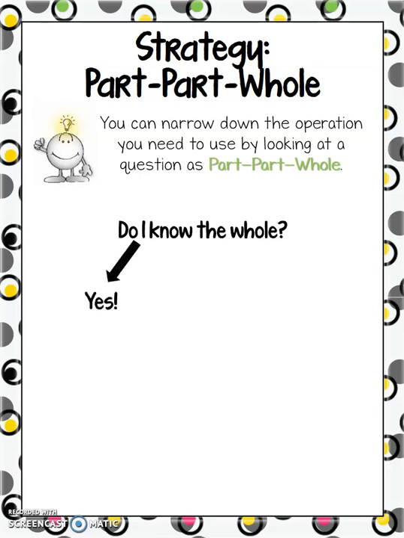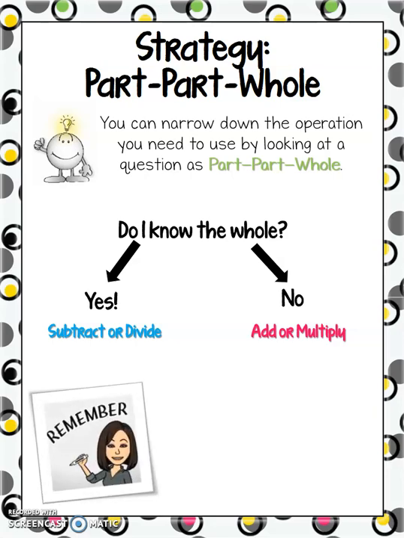If the answer to that question is yes, that means we're going to subtract or divide because chances are we're breaking apart that whole amount into smaller groups. If the answer to that question is no, I will add or multiply. Because if I don't know the whole, but I do know the parts or the pieces, chances are I need to build up to that.